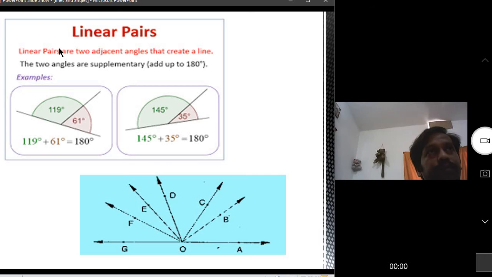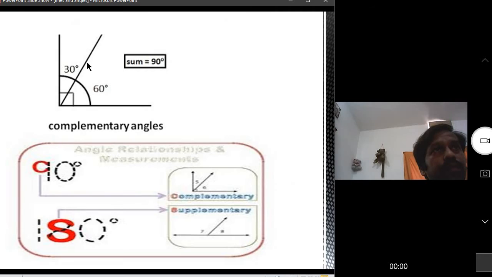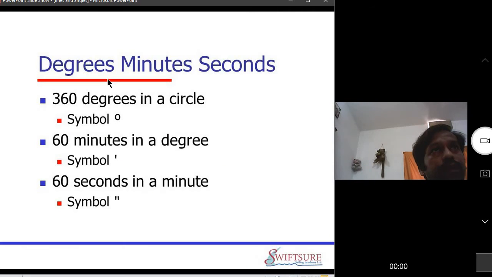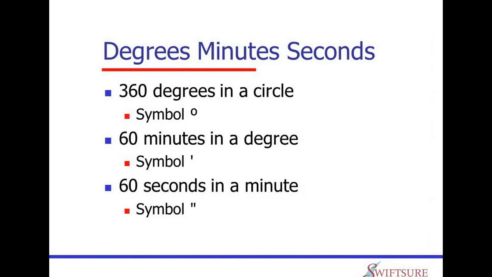Now I wanted to show you this one. Here the angles have been described in degrees, minutes and seconds. There are 360 degrees in a circle, and a degree is represented by this symbol, a small zero on the upper side.